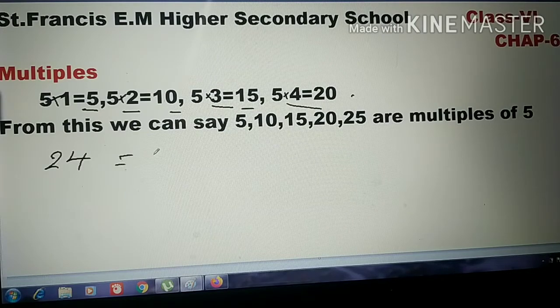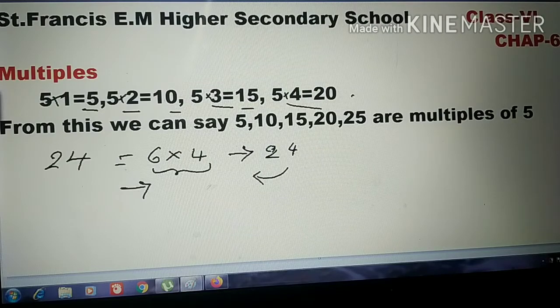I am taking one example, 24. If you take 6 and 4, you will get 24, right? These 6 and 4 exactly divide this 24. So 6 and 4 are exact divisors of 24. So 24 is a multiple of each of these factors, multiple of 6 and 4.